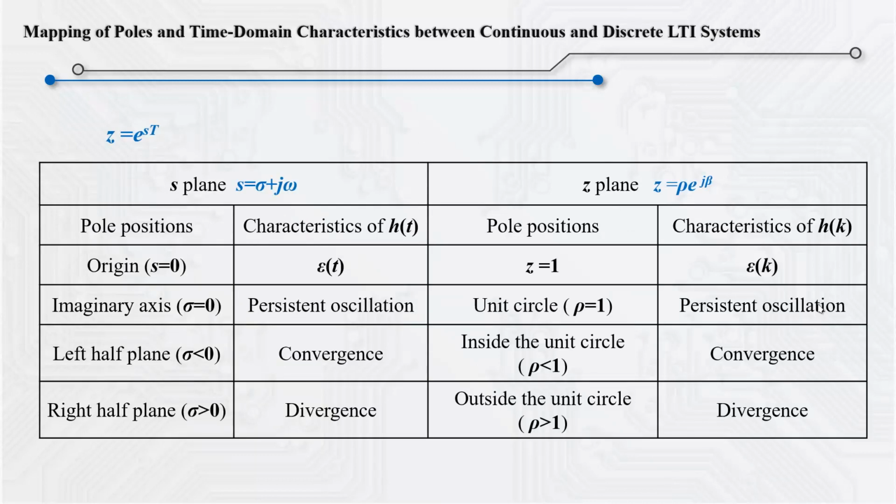This mapping relation can be summarized into a table, where the origin of the s-plane, s equals 0, corresponds with z equals 1 in the z-plane, and the imaginary axis of the s-plane is mapped to the unit circle in the z-plane. The left half of the s-plane is mapped to the area within the unit circle, while the right half, the area outside the unit circle.